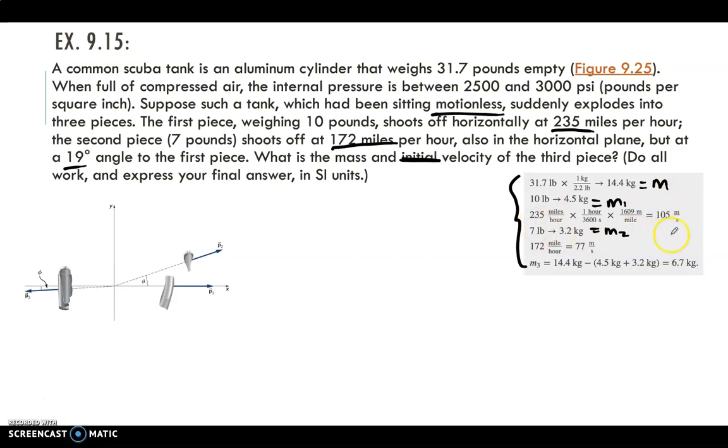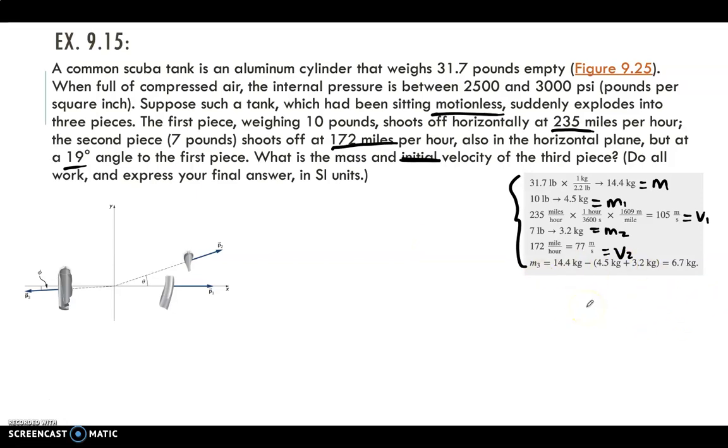So this velocity here was of our first piece, so I'm going to say this is V1. And then my second piece down here is going to be V2.